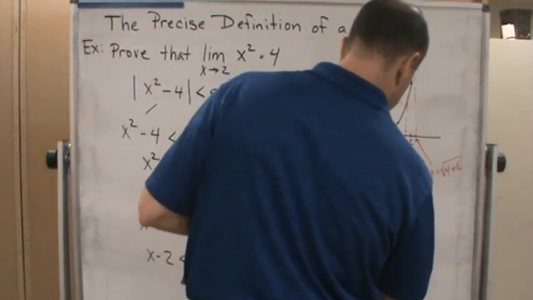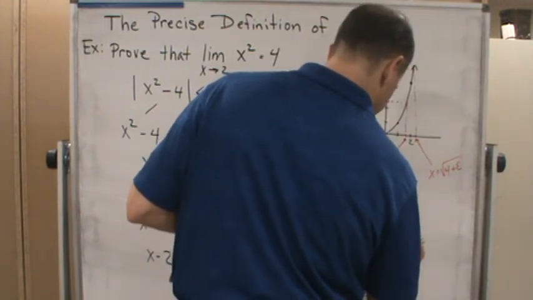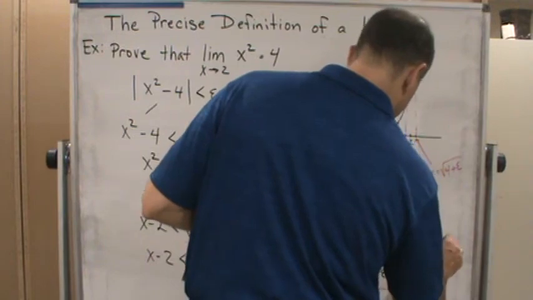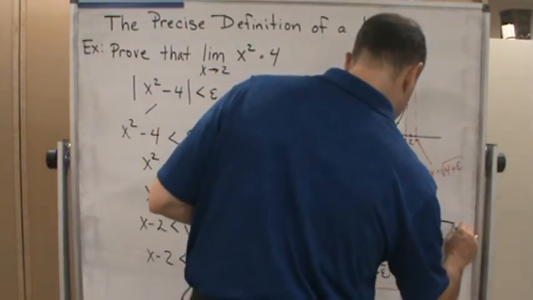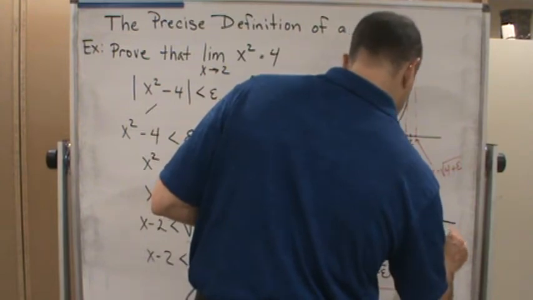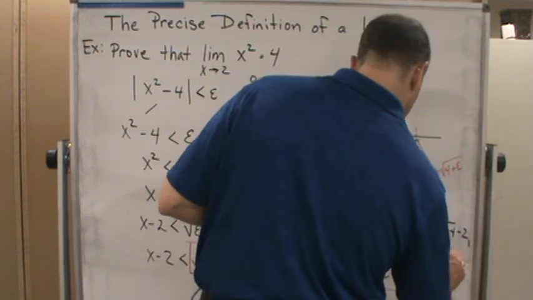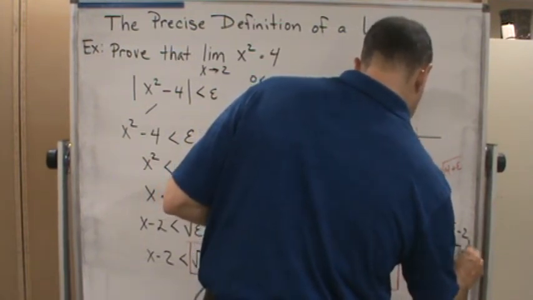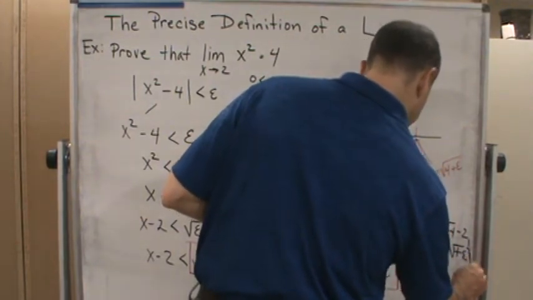So epsilon less than or equal to 4, we're going to make delta equal to the minimum of what? Of the two values that we came up with. So it's going to be the minimum of the square root of epsilon plus 4 minus 2, or 2 minus the square root of 4 minus epsilon.